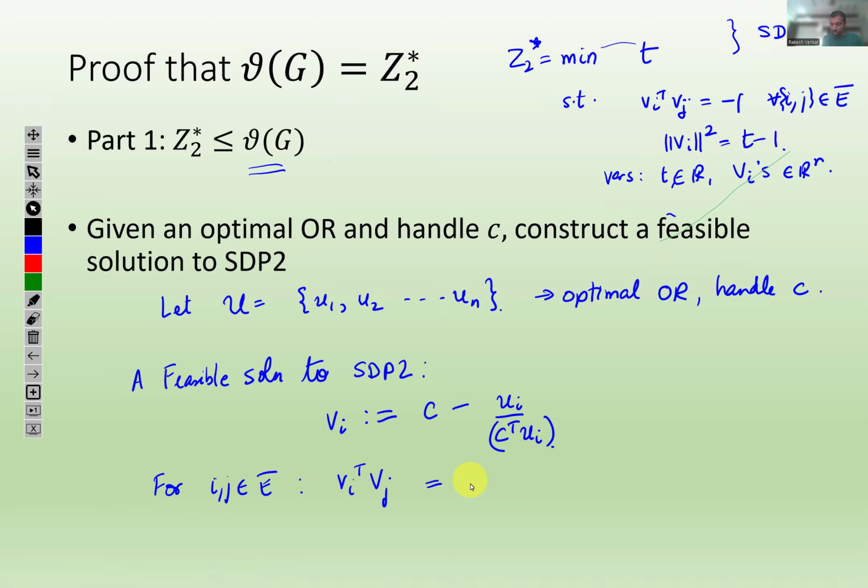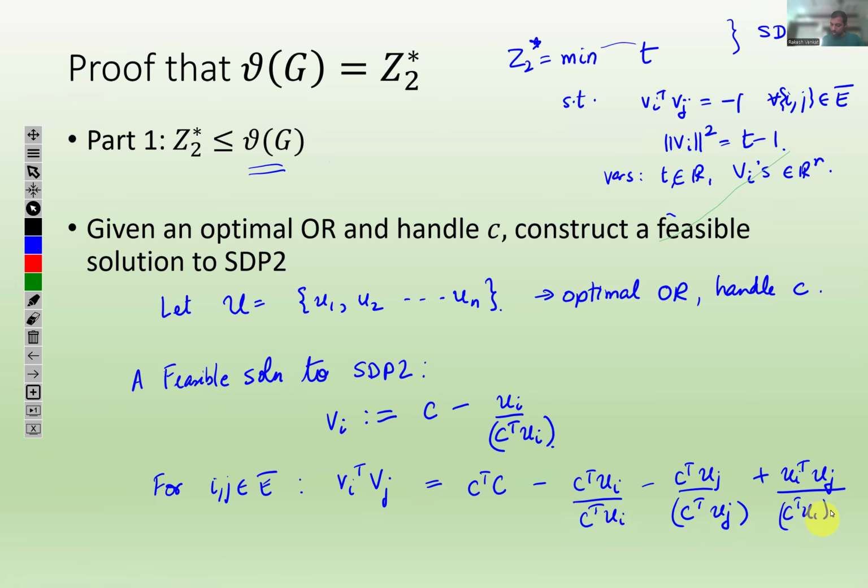You get C transpose C minus C transpose Ui by C transpose Ui, plus Ui transpose Uj by something like this.